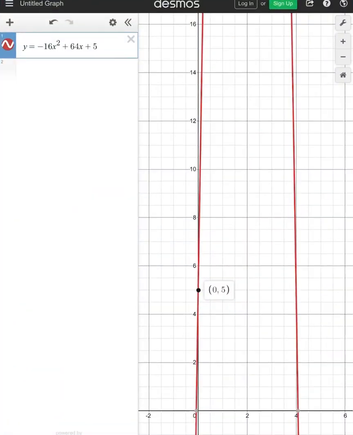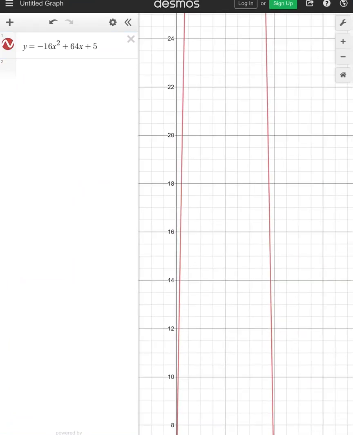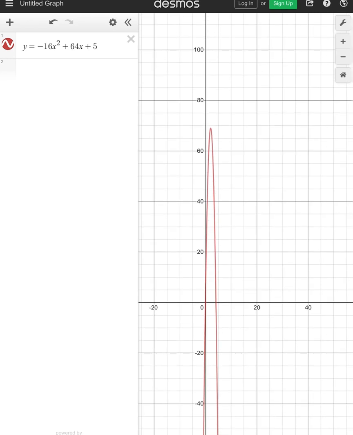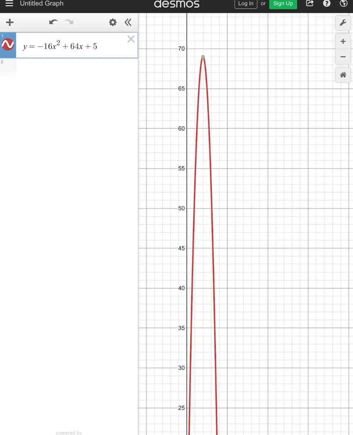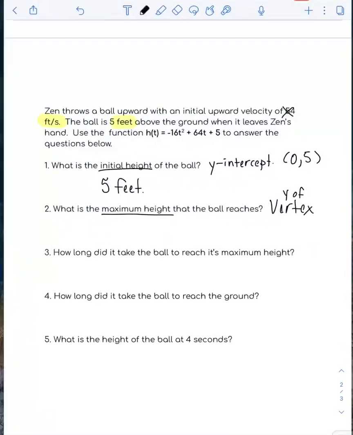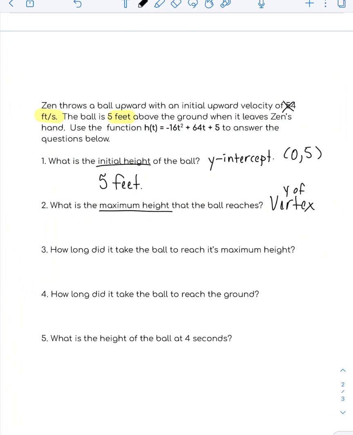So let's go find our vertex on our graph. There's our top. So our vertex is (2, 69). What's the y value of that? 69. So (2, 69) is the vertex, but our maximum height is 69, and remember we use feet. So the highest that ball went was 69 feet.